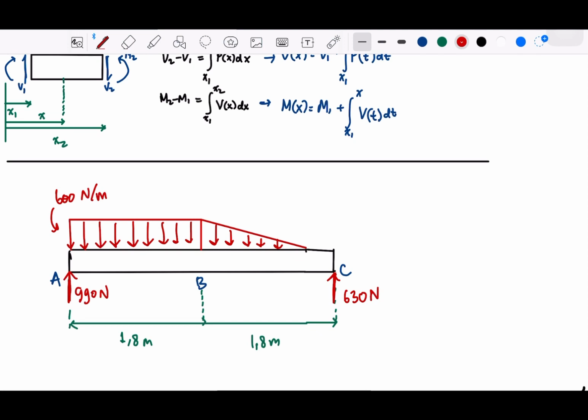And this part here, the triangle needs to go to the last one here.